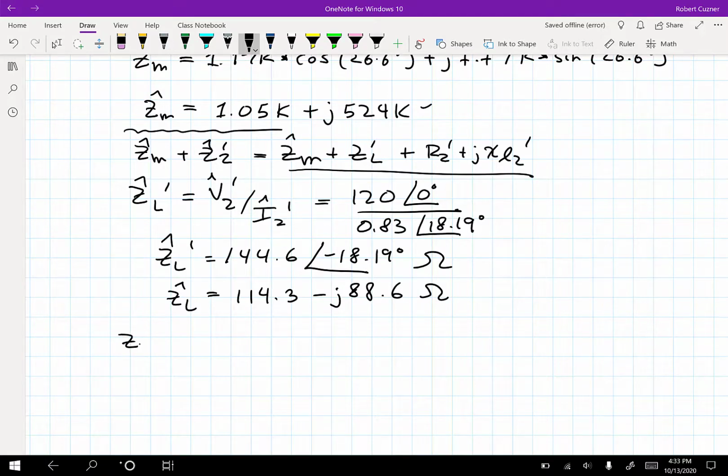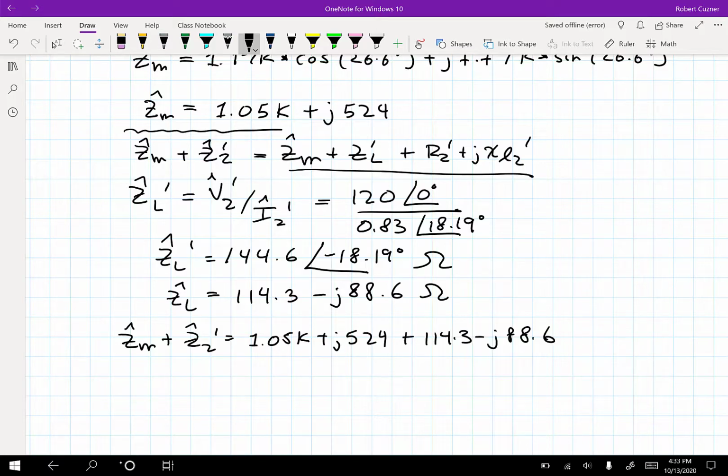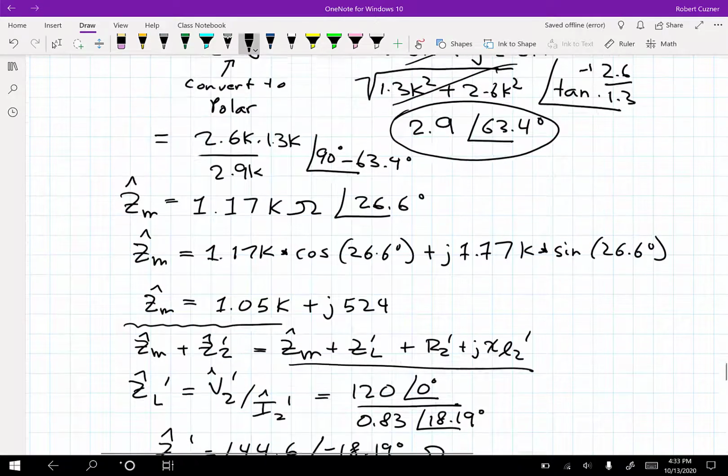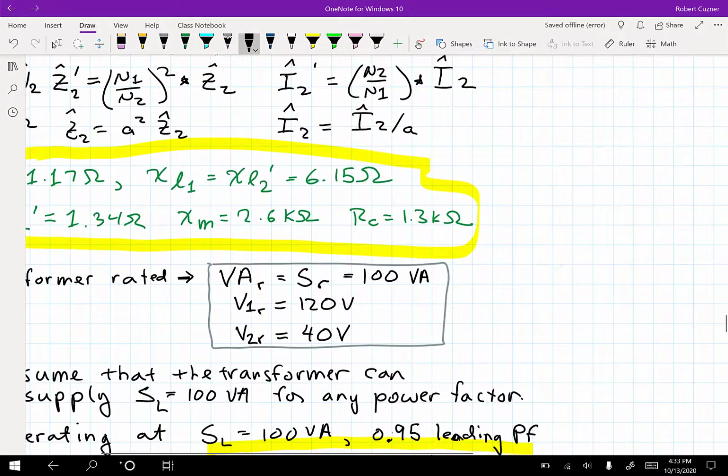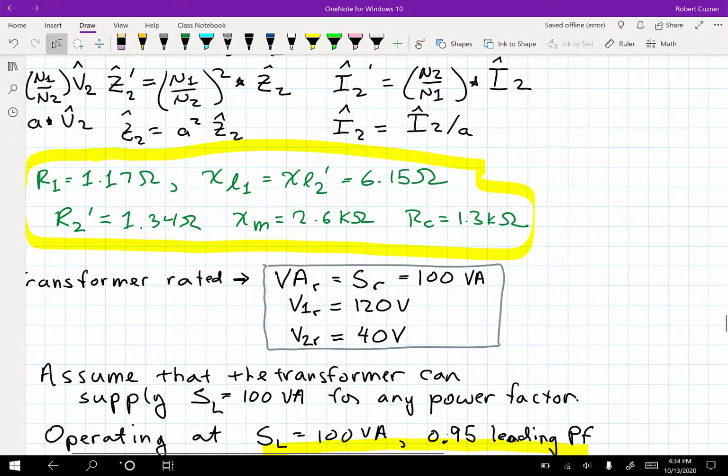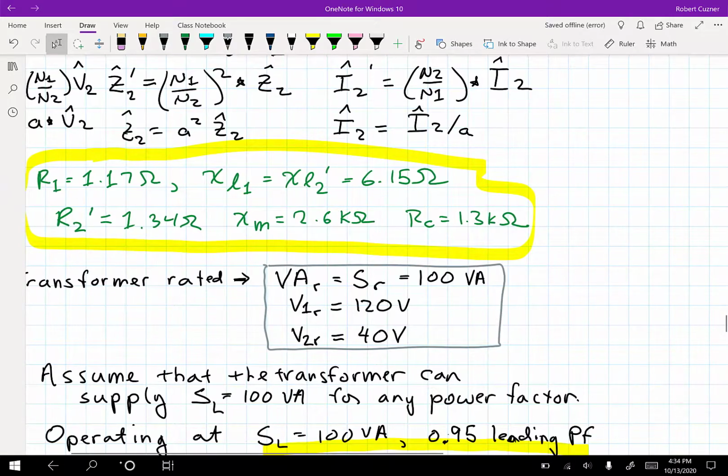So we have Zm plus Z2 prime is 1.05k plus j524. There's no k right here. Plus the Z load prime plus R2 prime, which we remember is back up here, 1.34, and XL2 prime is 6.15.